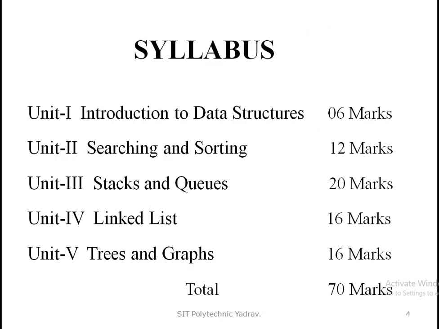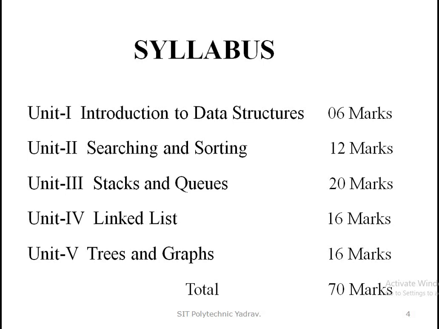Next point, the syllabus. The subject syllabus has a total of 5 units, and marks are distributed for each. Your final theory written paper is 70 marks, distributed among 5 units. First unit name is Introduction to Data Structures, out of 6 marks.